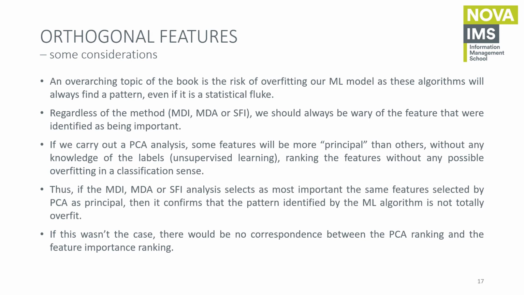Thus, if the MDI, MDA, or SFI analysis select as most important the same features that were selected by PCA as principal, then this confirms that the pattern identified by the machine learning algorithm is not totally overfit. If this wasn't the case, there would be no correspondence between the principal component analysis ranking and the feature importance ranking.